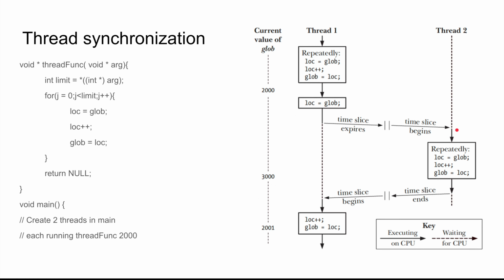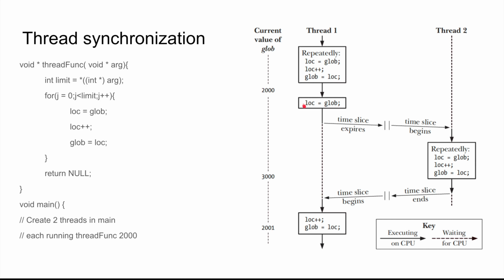Thread 2 would read the global variable as 2000, update it repeatedly, and write it back. Let's assume it ran till a value of 3000 and its time slice also expired at this point. Now thread 1 would continue its execution from the point where it left.